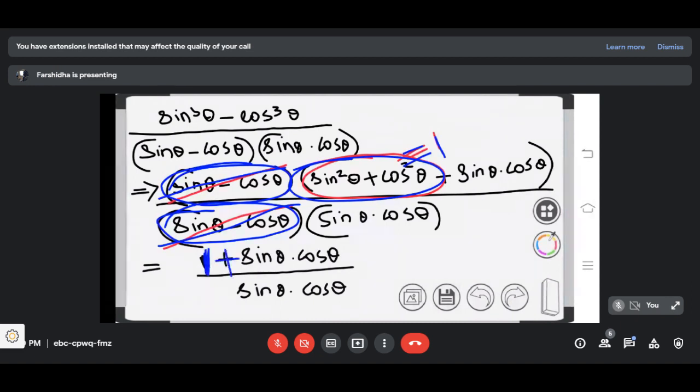1 plus, what is remaining? Sine theta cos theta divided by sine theta cos theta.